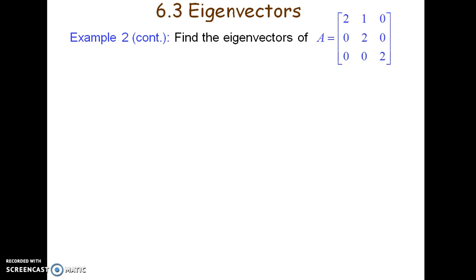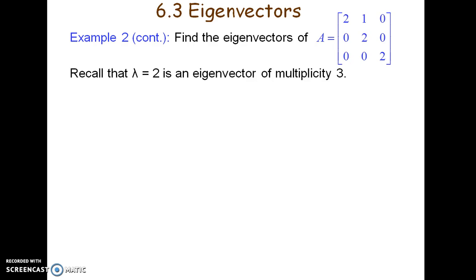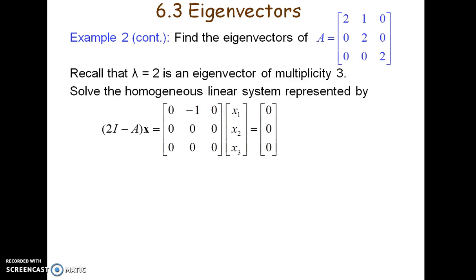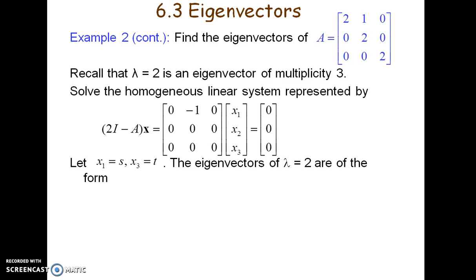Next example, find eigenvectors of the 3 by 3 matrix A, that is [2, 1, 0; 0, 2, 0; 0, 0, 2]. Recall that lambda equal to 2 is an eigenvalue of multiplicity 3. Solve the homogeneous linear system represented by (2I minus A) x, which is the matrix [0, -1, 0; 0, 0, 0; 0, 0, 0] times the column matrix (x1, x2, x3) equal to (0, 0, 0).